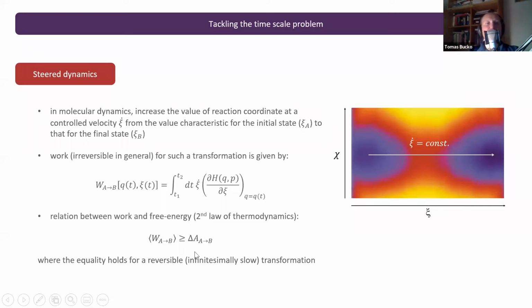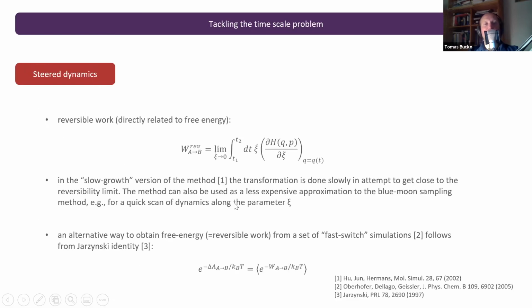Now we know from the second law of thermodynamics that if we average over work computed like that, for many processes realized like that, we should get a number that is greater or equal to the free energy, and equality holds only for reversible transformation, that is for infinitesimally slow transformation.